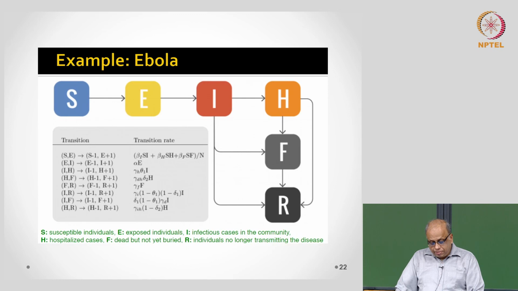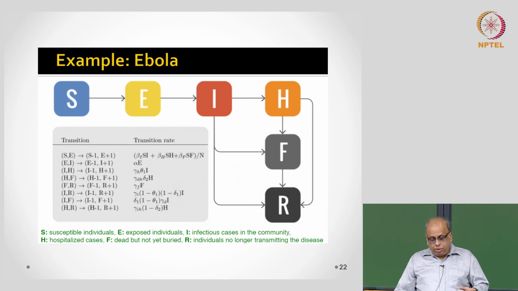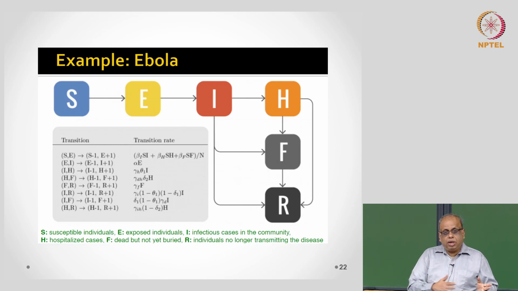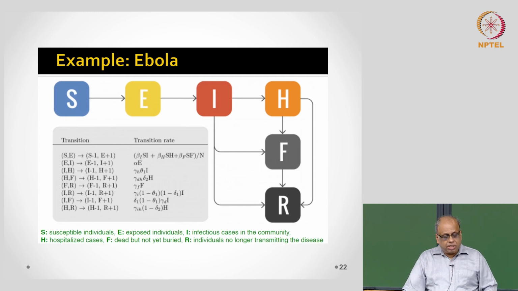Modeling these parameters like beta is very important to figure out how the disease spreads. So what people do is look into past history to see, for example, from people who are exposed, how many of them actually got the disease, and utilize that to get parameters like beta and delta.